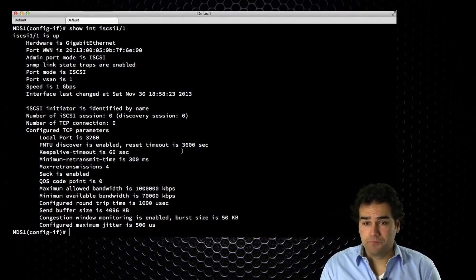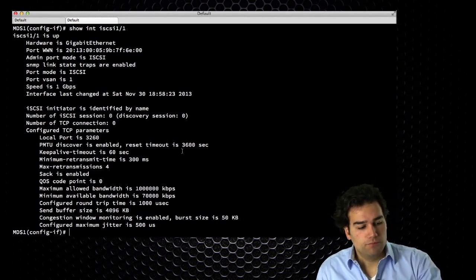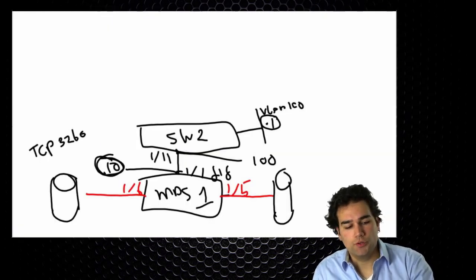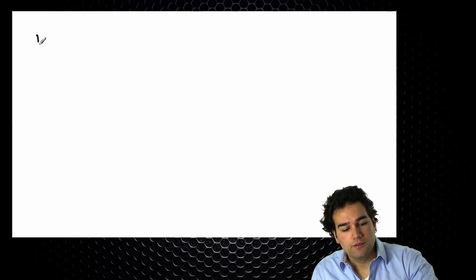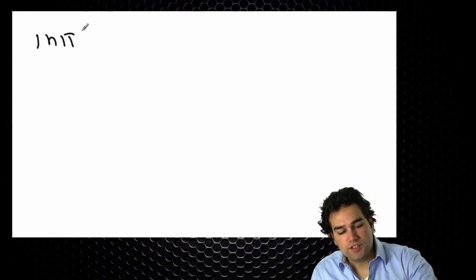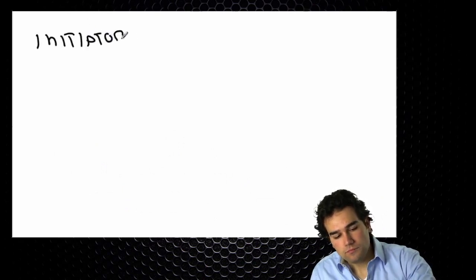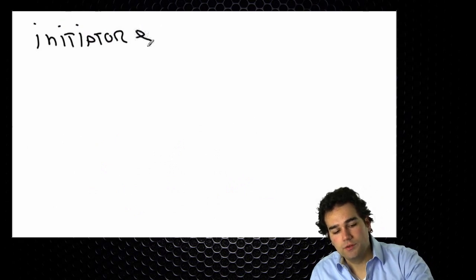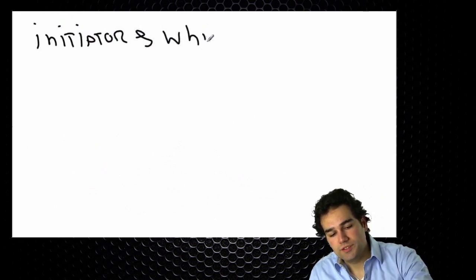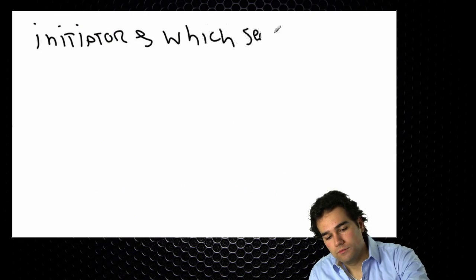So what do I need to do? I need to do what we talked about. I need to configure an initiator, so which server is going to log into the network, which server will try to access me.